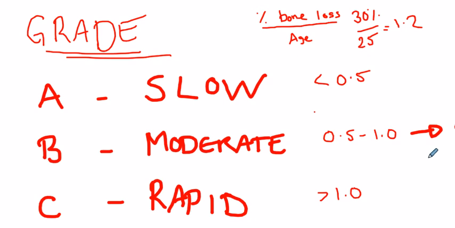Okay, so we already worked out that they're a stage 2 and now they're a grade B. So they're stage 2 and grade B. Stage 2 meaning that for the worst affected tooth, the interproximal area of the bone goes into the coronal third of the root, and the grade B is there is approximately 25% bone loss, and 25% divided by the patient's age at 46 gives us 0.6, which classifies us into a grade B. And both of these would be considered moderate.